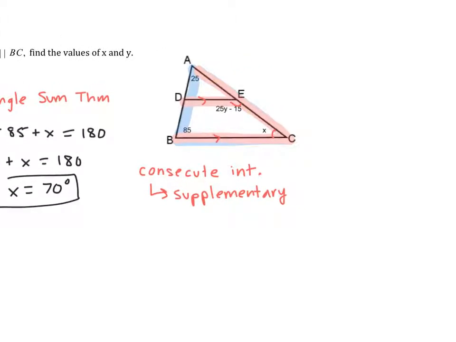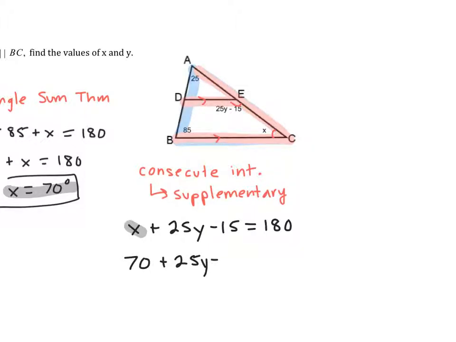So we can use that fact to help us set up an equation. So we know that x plus 25y minus 15 should equal 180. We can substitute for x, which we know is 70. So we can say 70 plus 25y minus 15 equals 180.